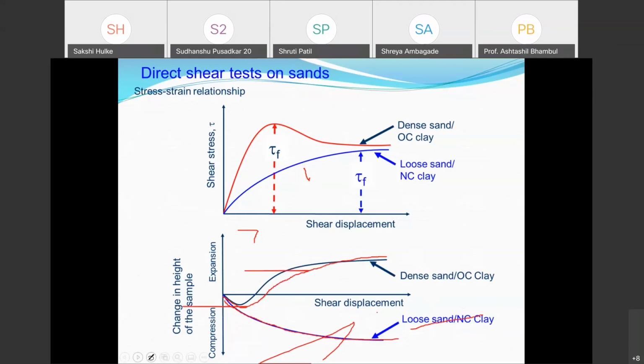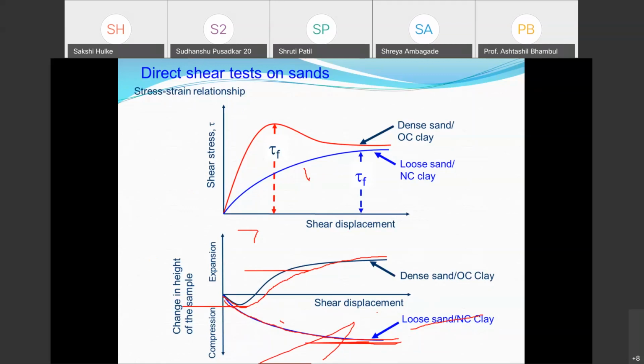The fundamental principle is that loose sand means the void ratio is high. When I apply the load, the soil particles get adjusted within the voids, the soil mass compacts, and the volume continuously reduces.